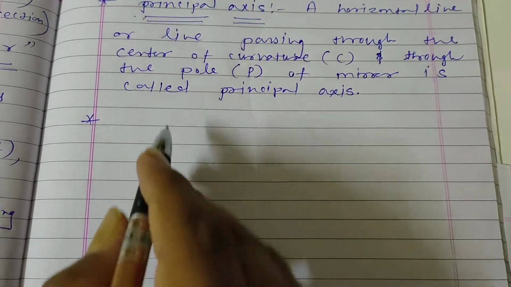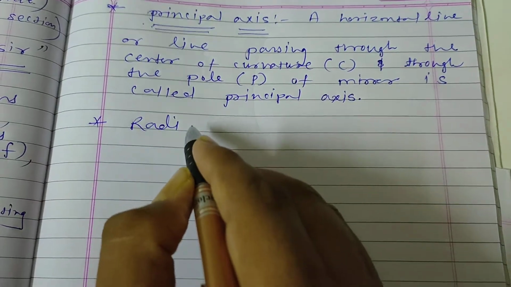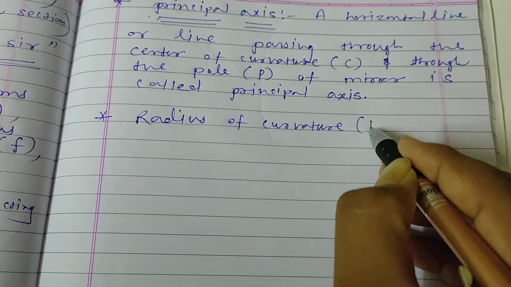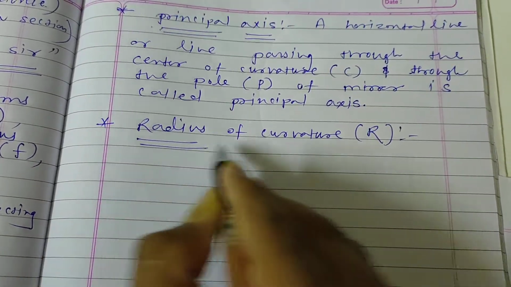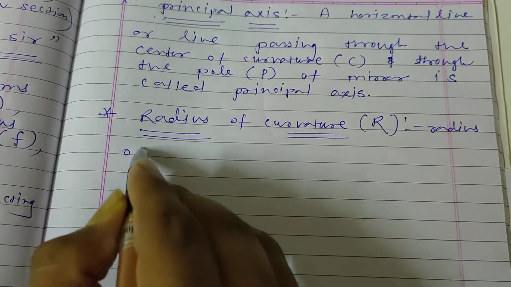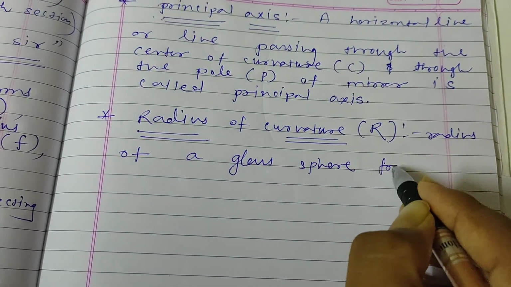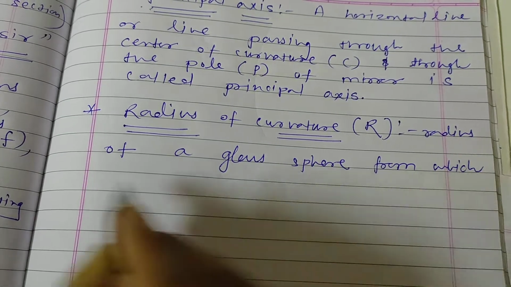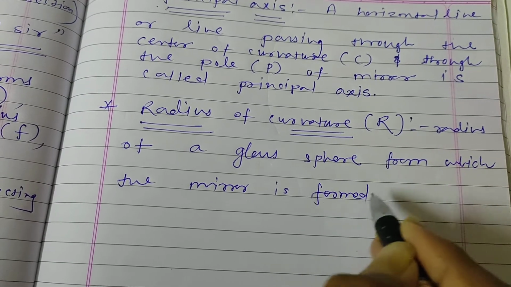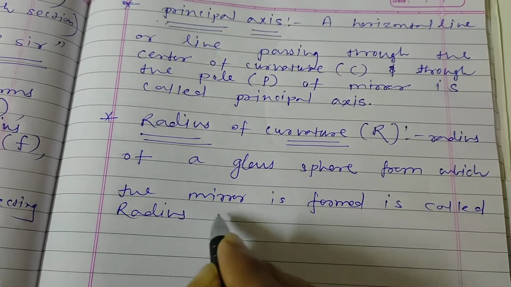Next point is radius of curvature. It is denoted by capital R. The radius of the glass sphere from which the mirror is formed is called the radius of curvature.